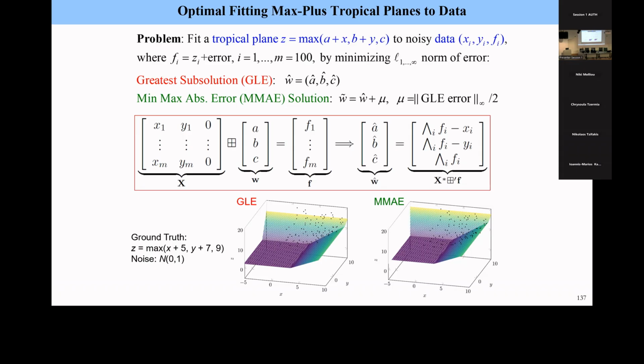plus equations. And again, this optimal solution, both the greatest lower, the greatest sub-solution, as well as the green, the unbiased solution, which minimizes the L infinity norm, can be found with a closed formula, very, very simply.